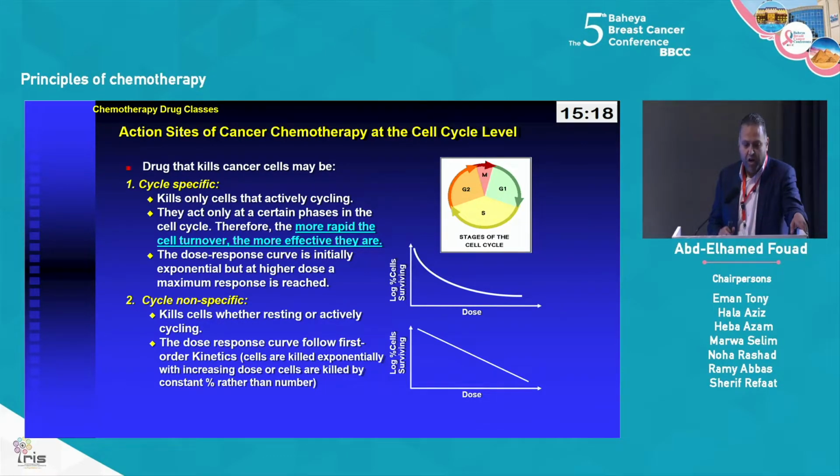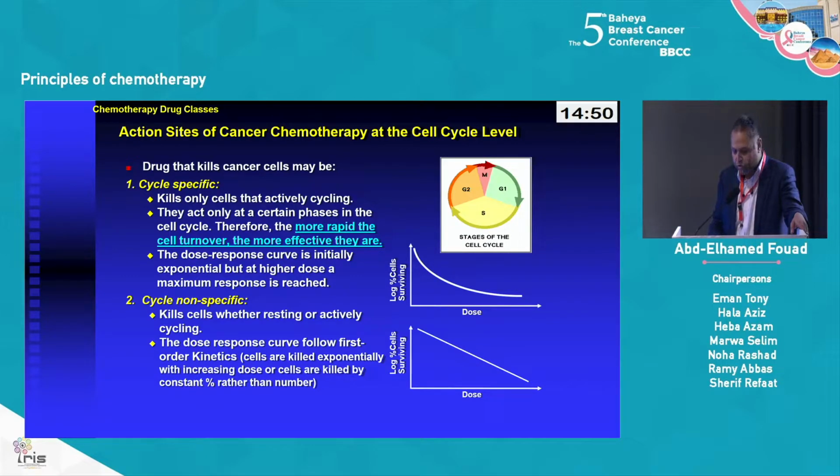Chemotherapeutic drugs are classified, based on the action on the tumor cells, into cell cycle specific and non-specific. Cell cycle specific drugs kill cells that are actively cycling in the cell cycle. They only act on certain phases of the cell cycle, and this means that the more rapid the cell turnover, the more effective they are.